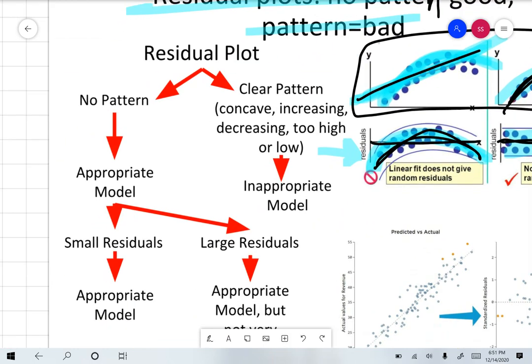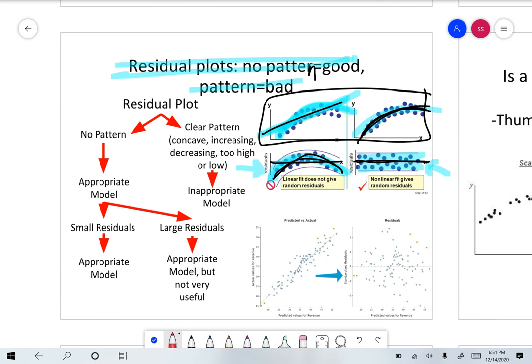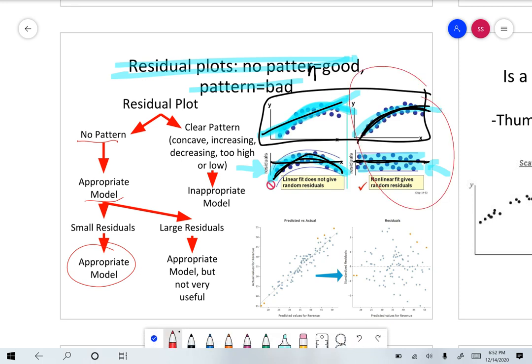Okay, which is kind of what this flow chart over here is showing. Okay, so if there's no pattern in your residual plot, it's an appropriate model. If there's small residuals in that, it's a really good fit. If there's large residuals, so if we look at this one again, if the dots were like super far apart, but still random, it means it is an exponential relationship, but it's a really, really weak one, so it's not very useful.